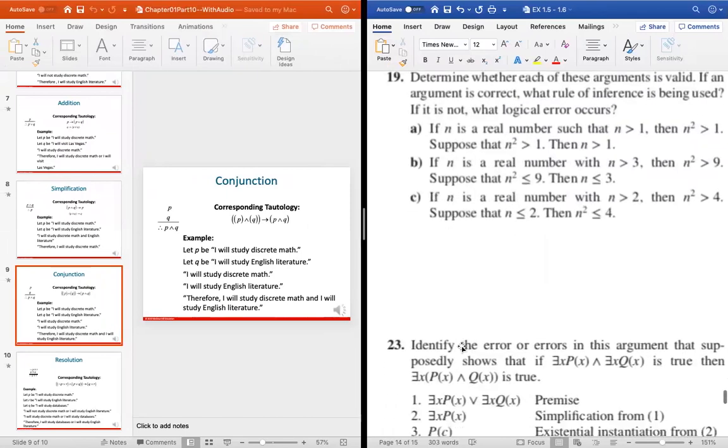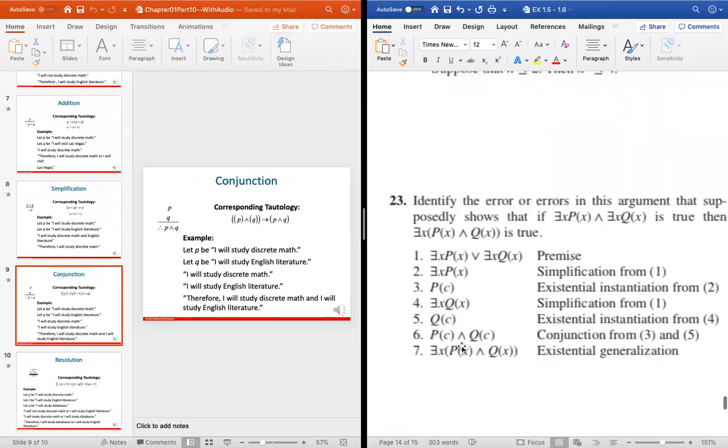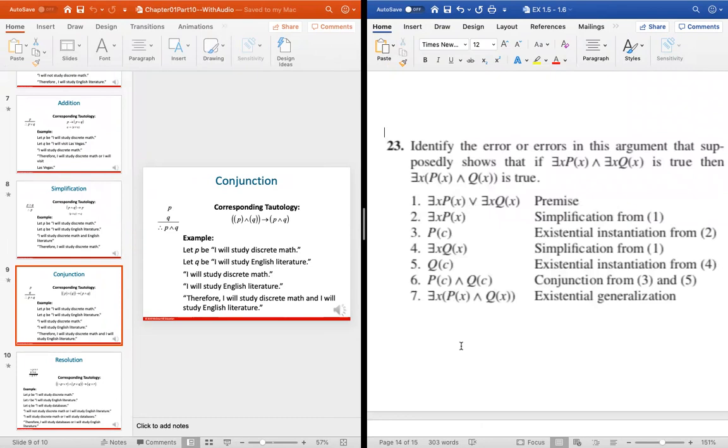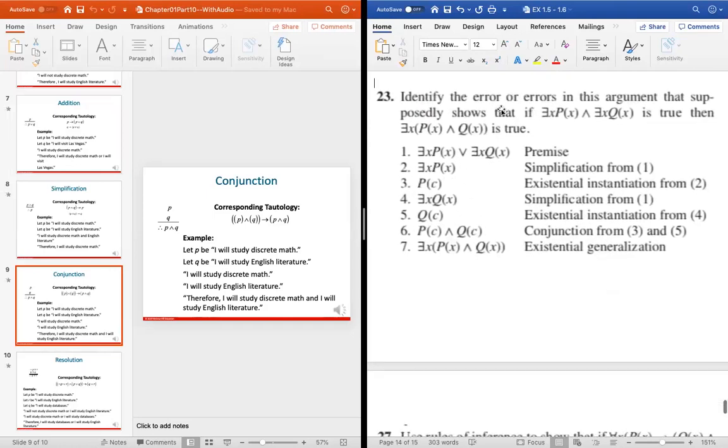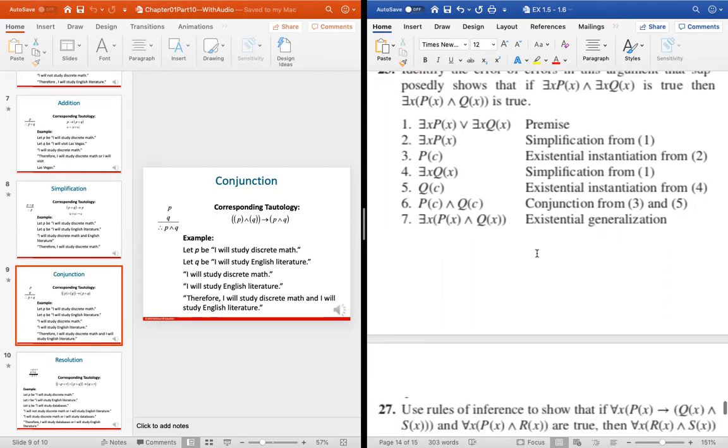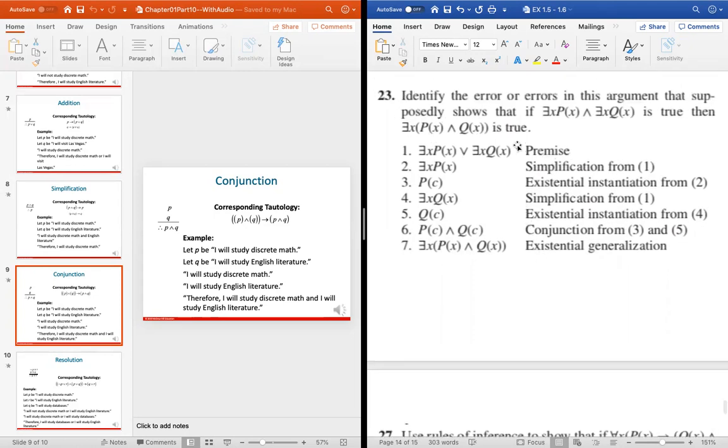So we have this question over here, question number 23. We have to identify the error or errors in this argument that supposedly shows that if this is true, then this is true. So we are starting with a premise and then concluding something, right? But we have to find out if there is any problem with this.